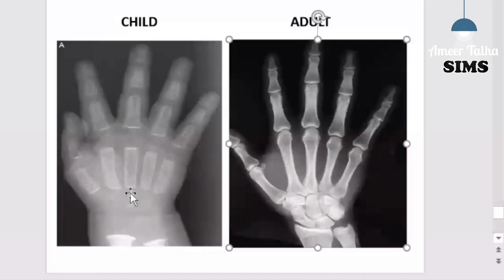So this is the adult hand, this is the immature hand, which is the hand of the person who has not reached maturity and whose ossification has not yet been completed, which is 16 to 18 years in the females and 18 to 20 years in the males. So that's all about this.